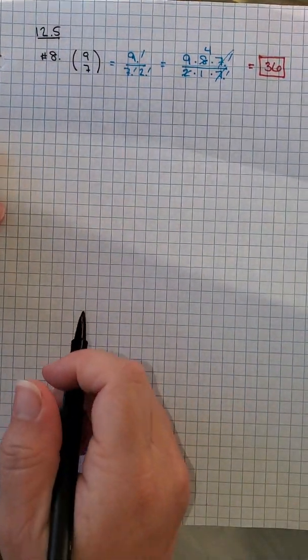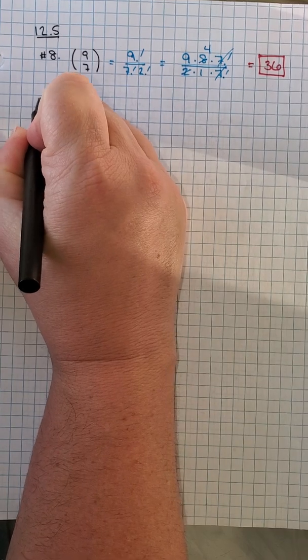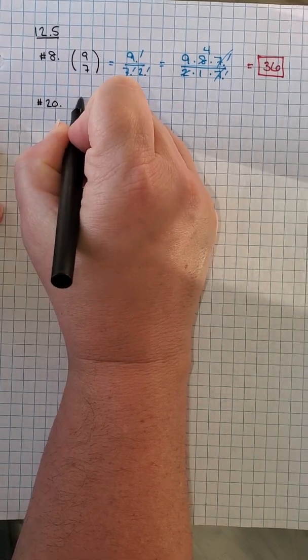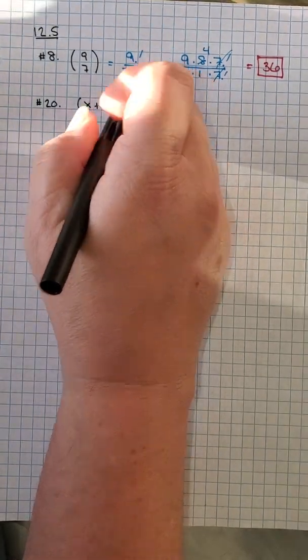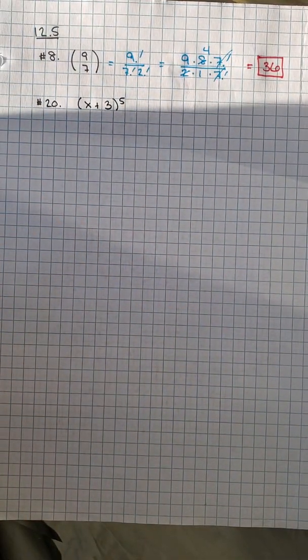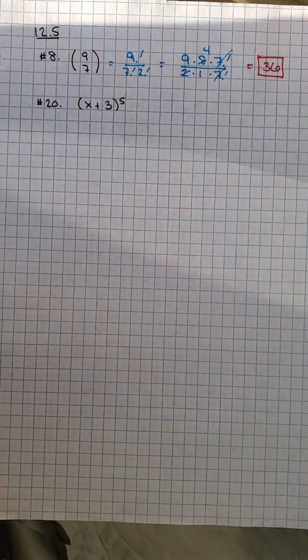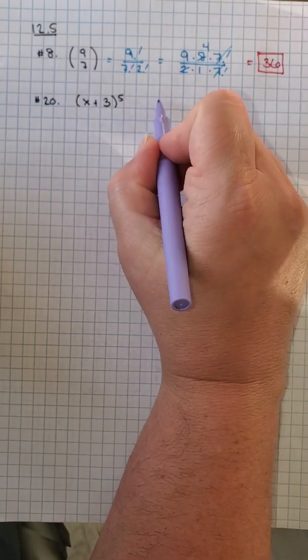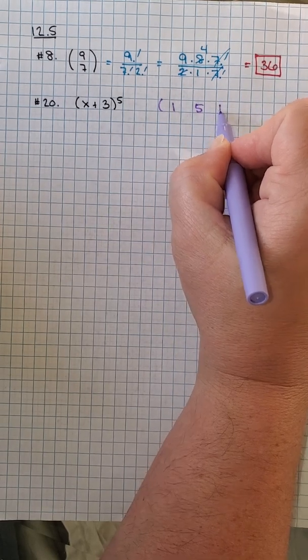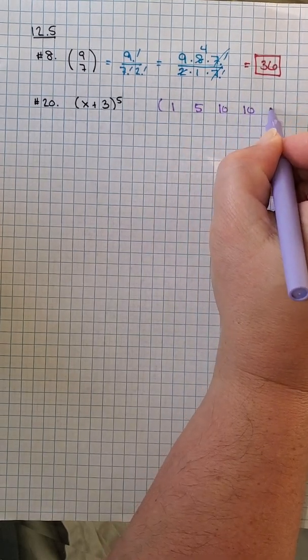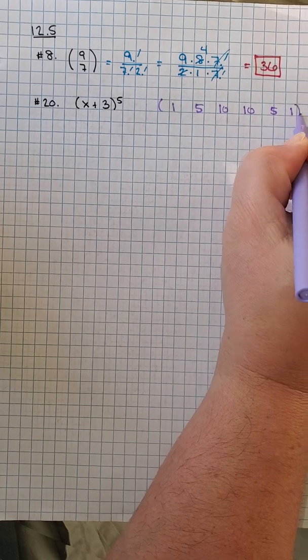Alright, and next, number 20, we're expanding. We have x plus 3 to the 5th power. Okay, so first of all, I think about row 5 on the triangle. So row 5 on the triangle goes 1, 5, 10, 10, 5, and 1.